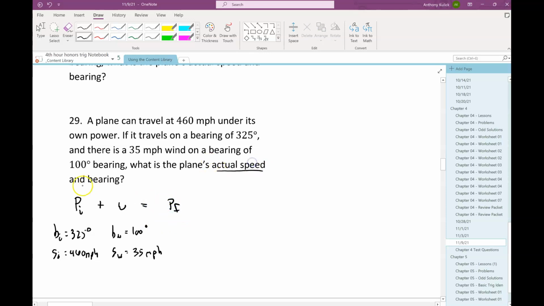We're asking for the actual speed and bearing. I think that this is an addition problem, the way it reads to me.